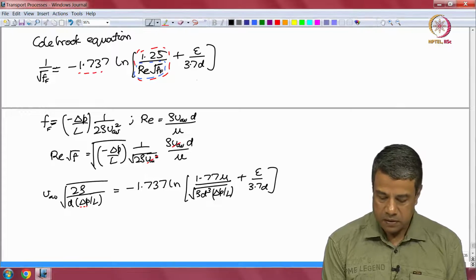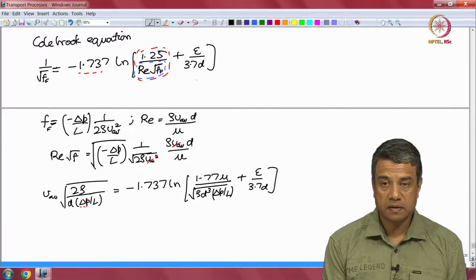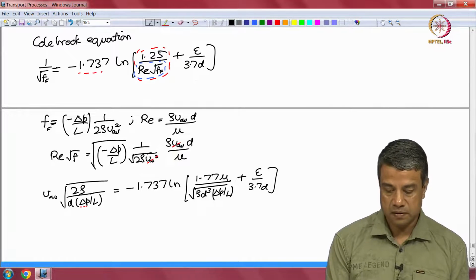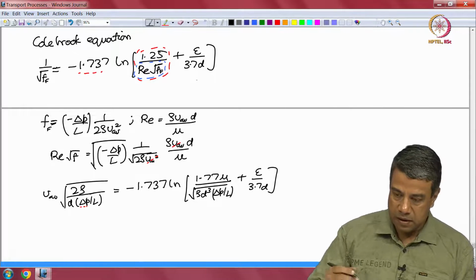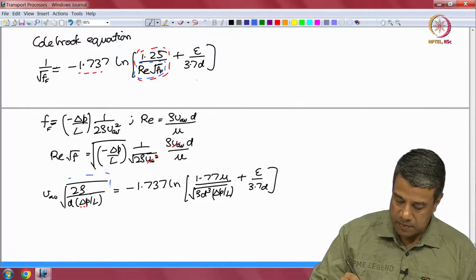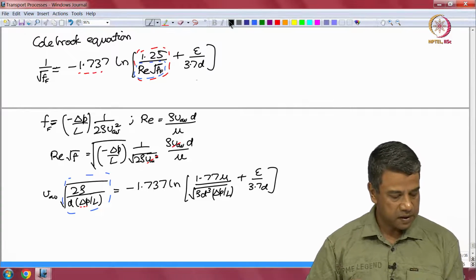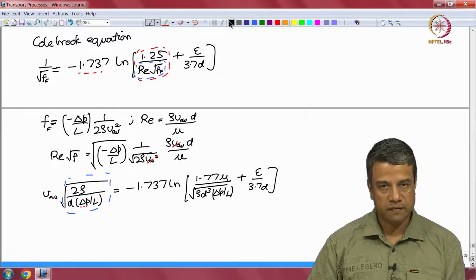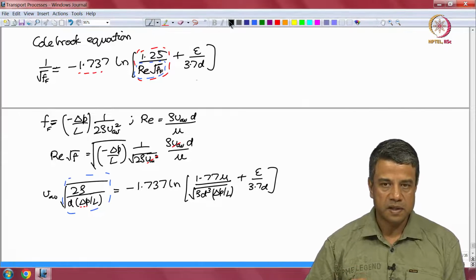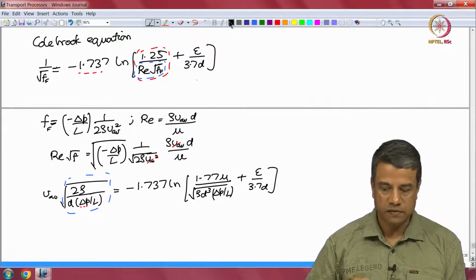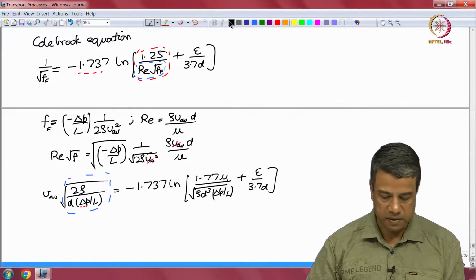So, this is now an explicit function of the velocity. I can divide throughout by this prefactor, and I will get an expression for the fluid velocity. So, given a pressure difference, I can predict the average velocity using the Colebrook correlation.